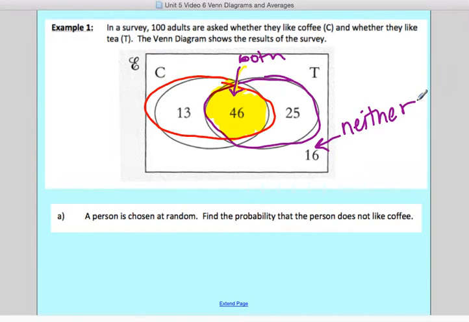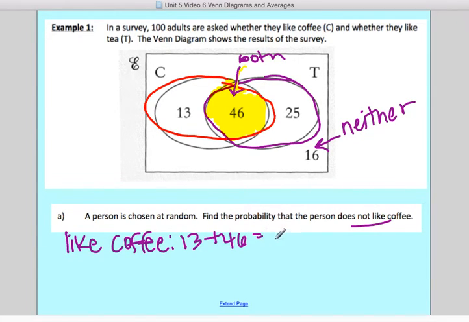So it says a person is chosen at random. Find the probability that the person does not like coffee. Okay, so let's figure out how many people like coffee. It's 13 plus 46, which is equal to 59. So 59 people like coffee.